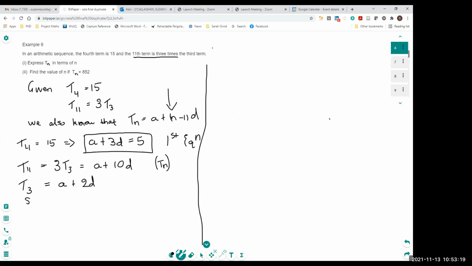So now we have 3 times t3 is equal to 3 times a plus 2d, which is equal to 3a plus 6d.